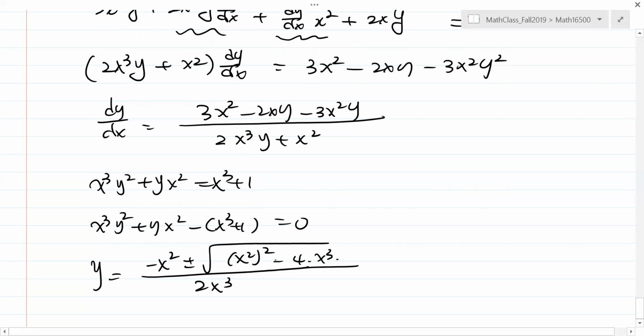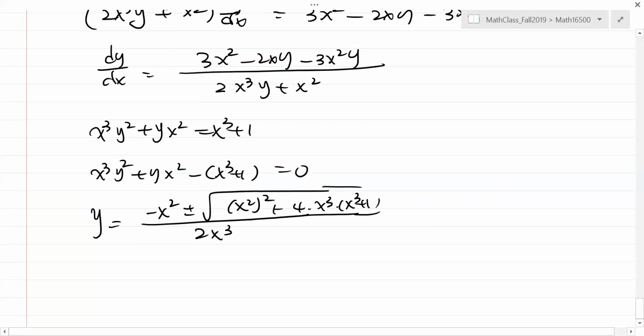So this is the answer. y has two possible values in terms of x. Then you have to differentiate each of them, right? But the derivative is very complicated, so I don't recommend you do that.